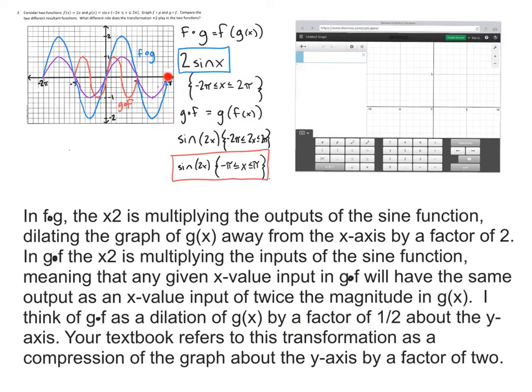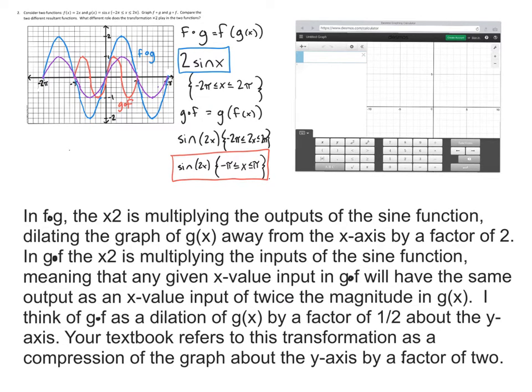You can see all the points go away from the x-axis. The blue points are all further from the x-axis by a factor of 2. So 1 got twice as far, now it's 2. A half is twice as far away, now it's 1. Negative 1/2 is twice as far away, now it's negative 1. Negative 1 is twice as far away, now it's negative 2.